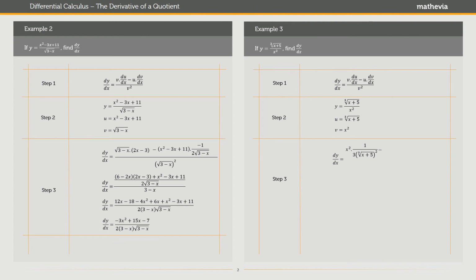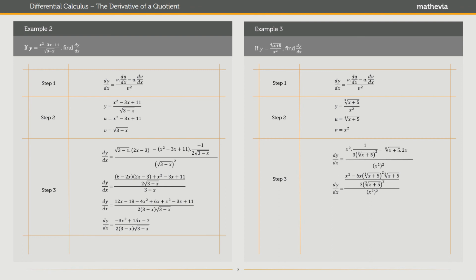And then we have minus, okay, and we're going to keep u constant and differentiate v. So when we keep u constant, we have the third root of x plus 5, and we're going to differentiate v. We have 2x. The derivative of x squared is 2x, and remember, all over v squared, so we have x squared all squared. Okay, so from this point on, we just go ahead and simplify, and I'm going to work to get a single denominator at the top there, because we have a fraction there.